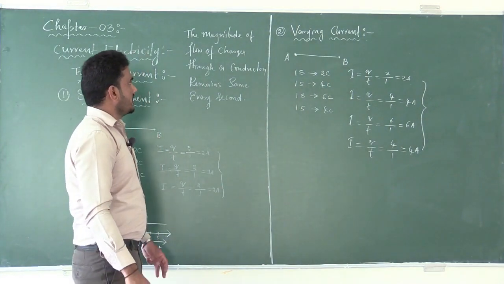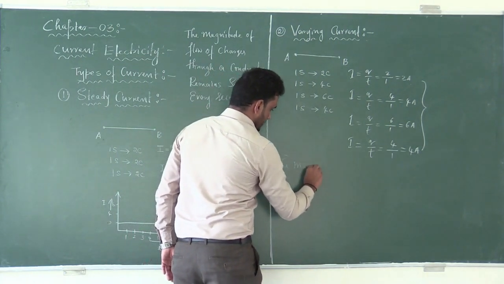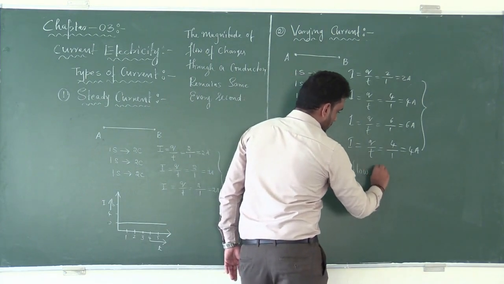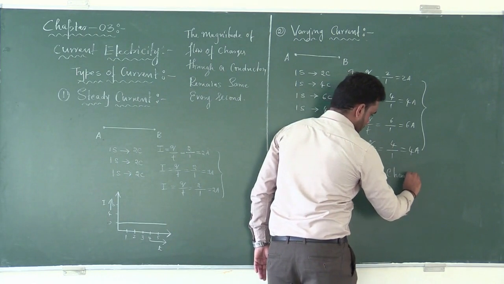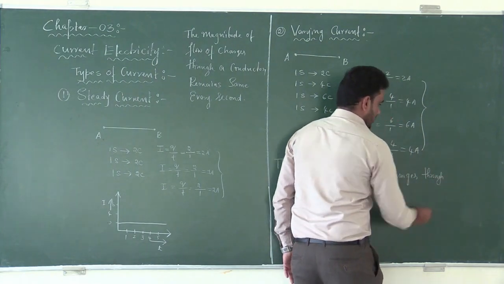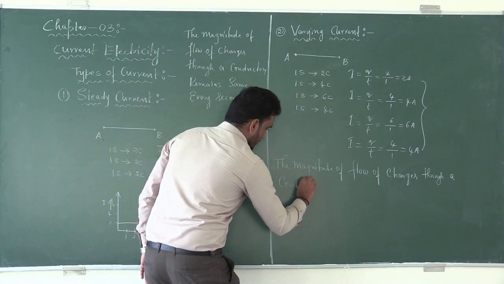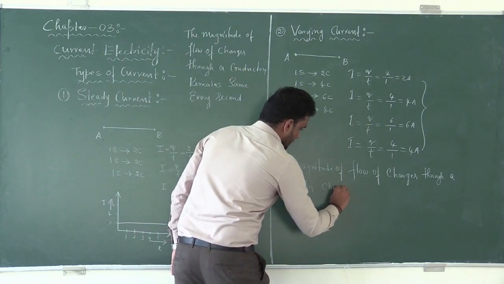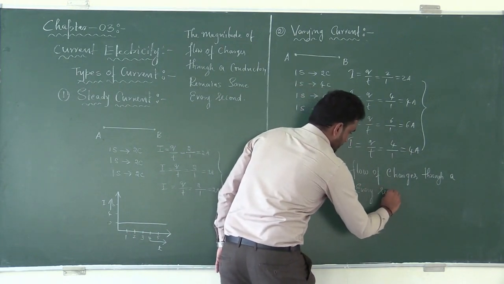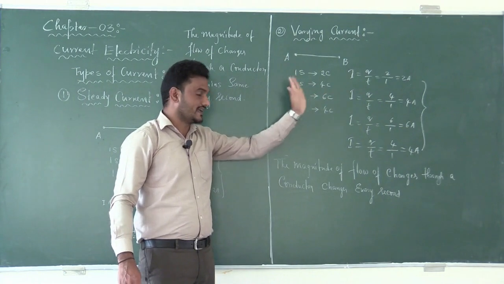So what is the statement? I can write: the magnitude of flow of charges through a conductor changes every second, either in increasing order or in decreasing order.